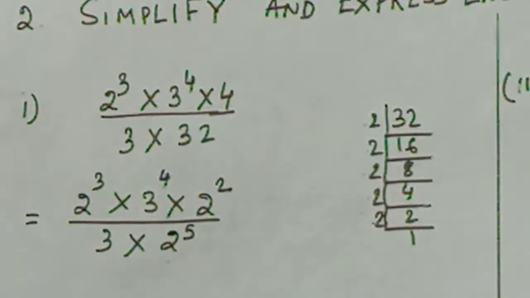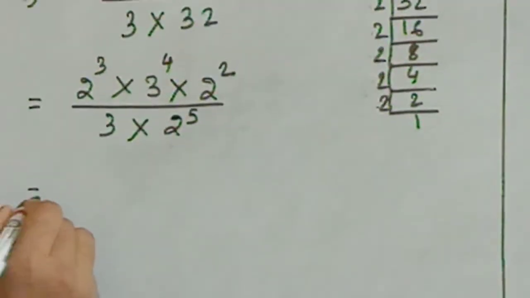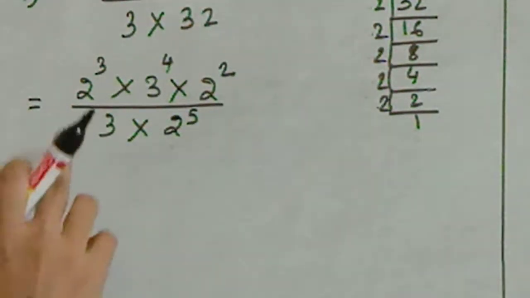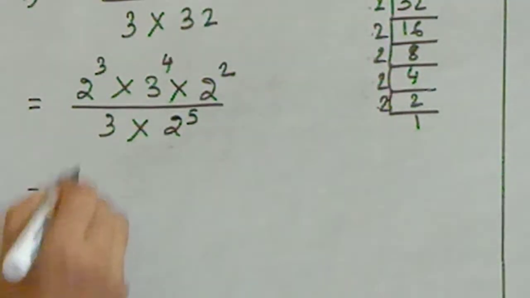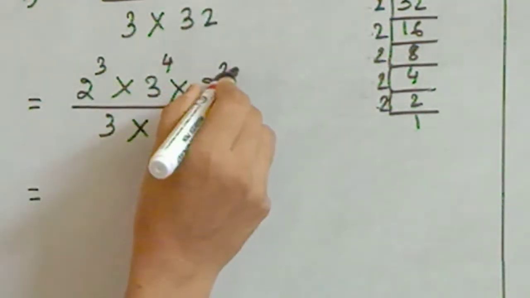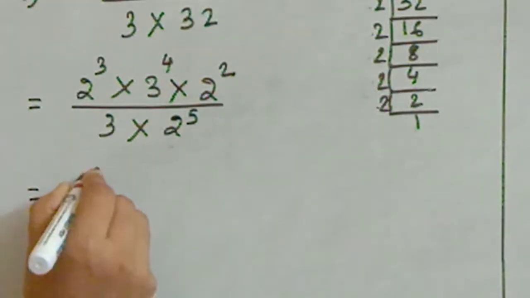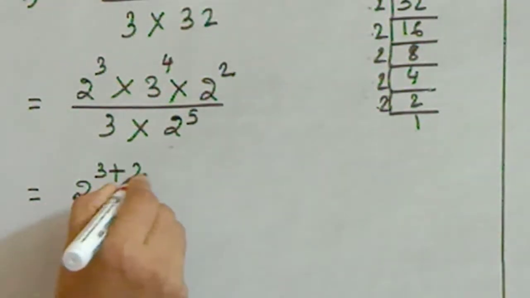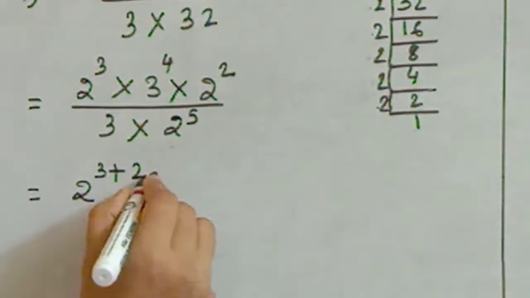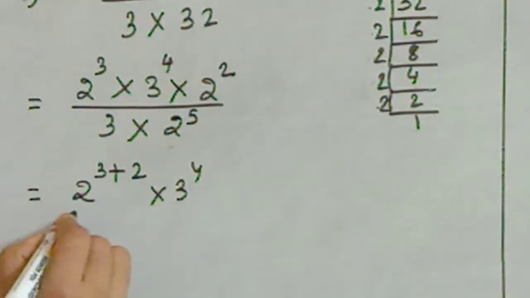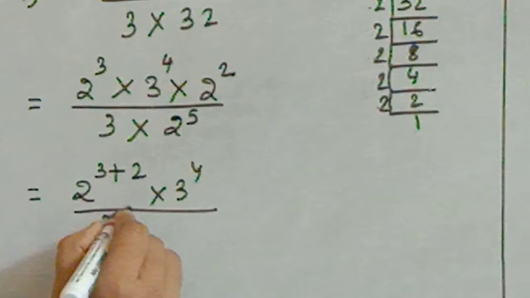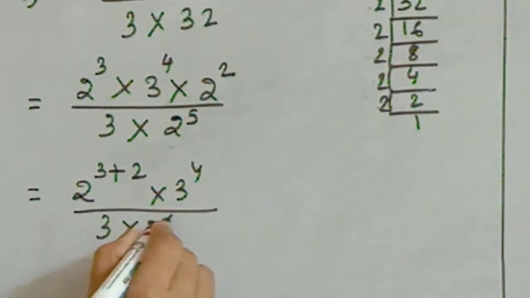Now you have to find the answer of this simplification by using exponential laws. 2 to the power 3 into 2 to the power 2, so 2 to the power 3 plus 2 because they are in multiplication, and into 3 to the power 4 divided by 3 into 2 to the power 5.